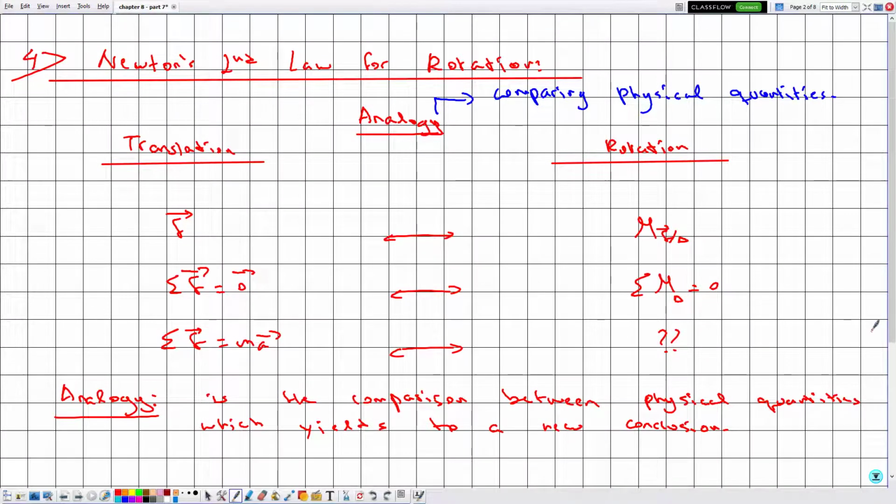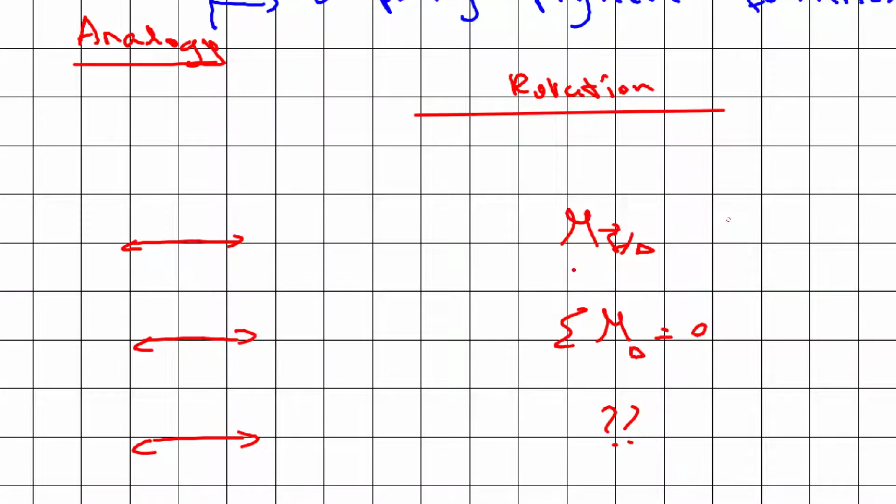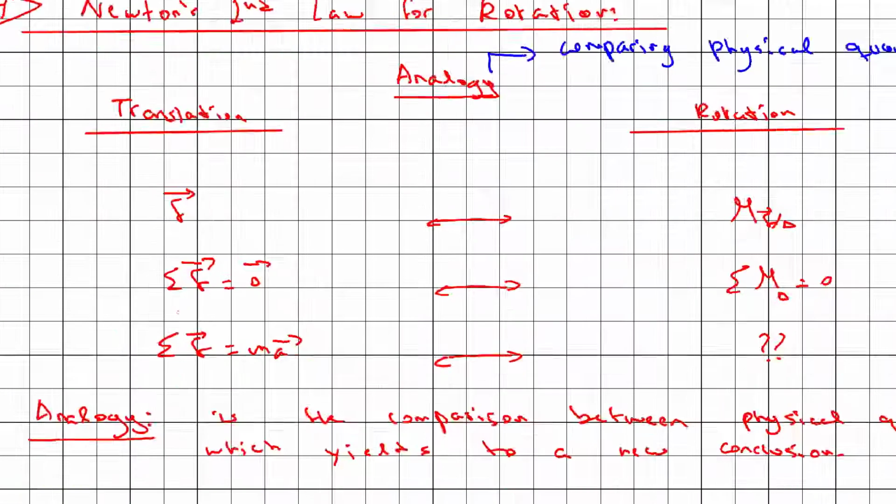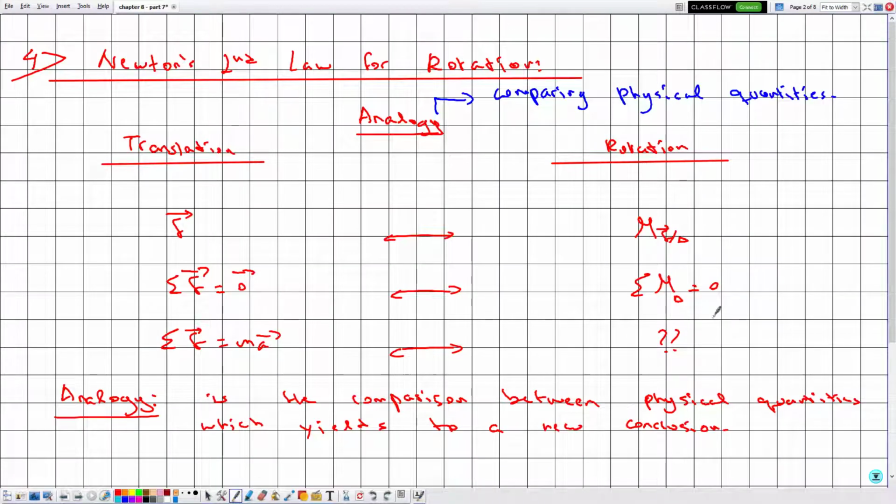So if we want to continue our study based on the analogy, we know that the force F is an analogy with the moment. The sum of forces is an analogy with the sum of moments. This is trivial. Now what about this equation?